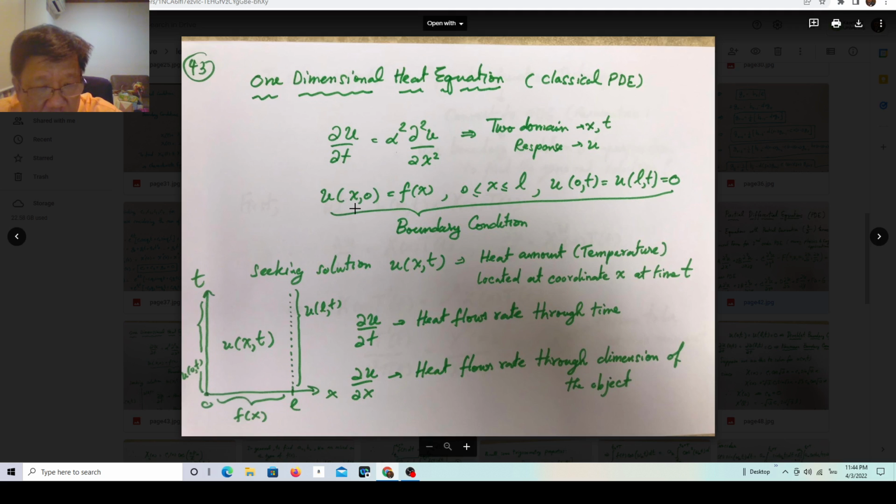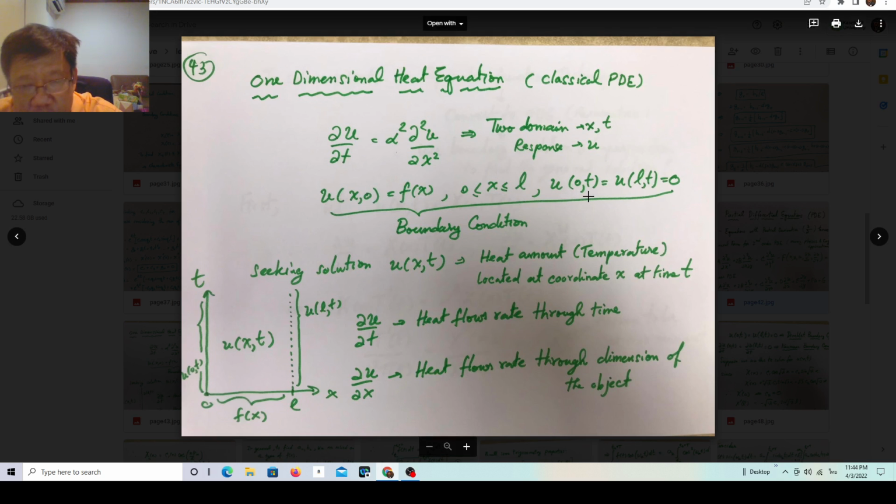In this case, we look at time zero, and domain x is between 0 and L. You have u of x at time 0 equal to a basic single-domain function f of x.